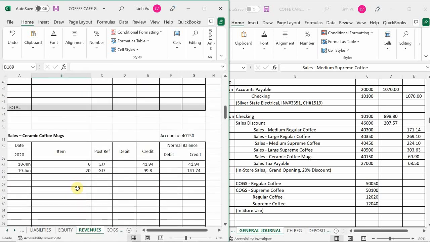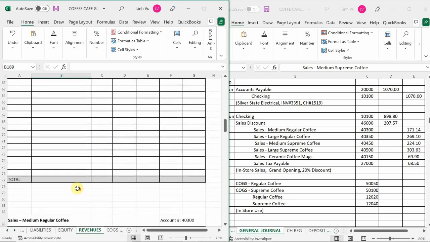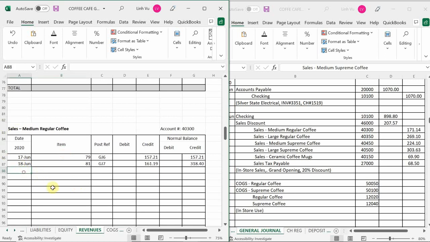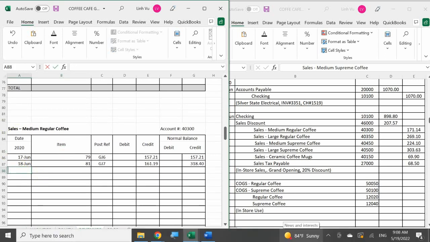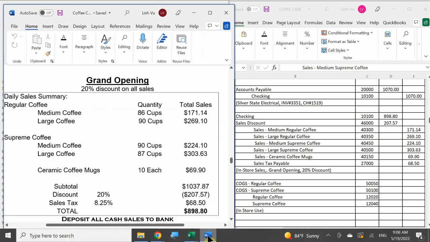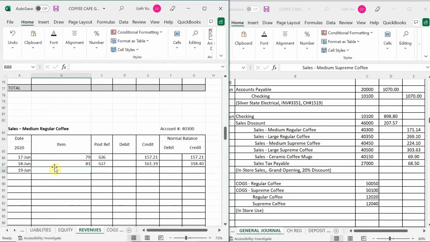Now I have to go through all the sales for all the coffees. So starting with the medium regular coffee, I sold 86 cups.